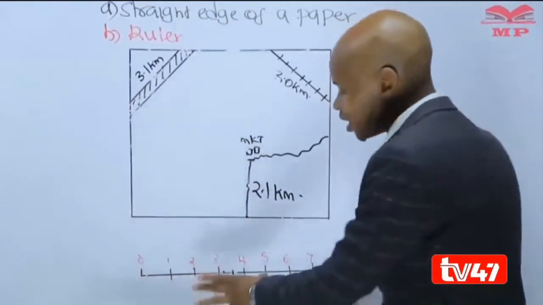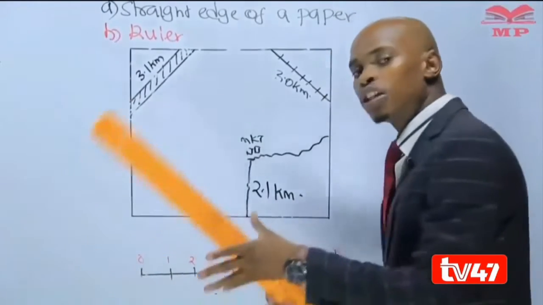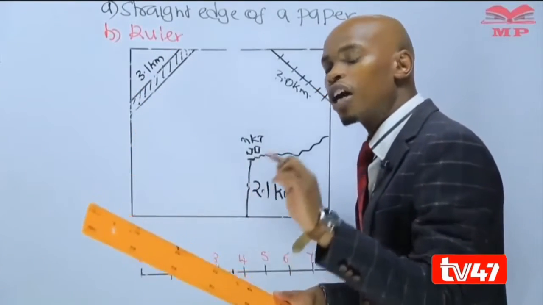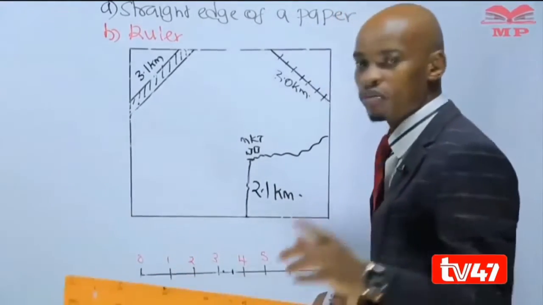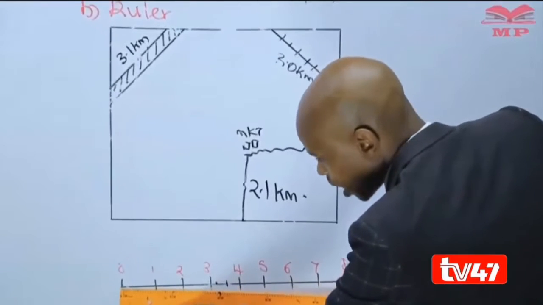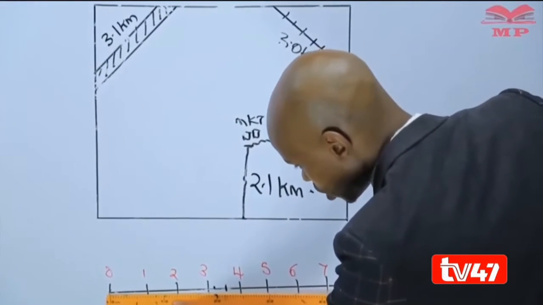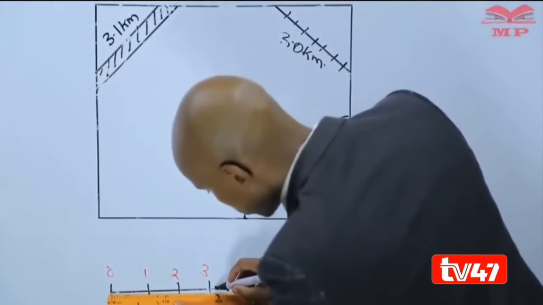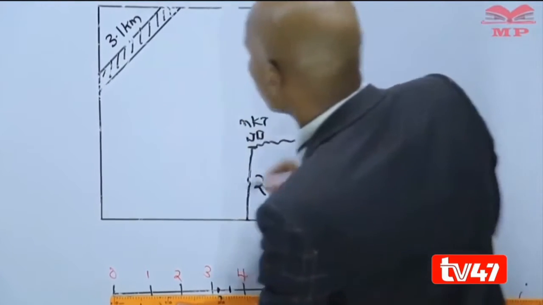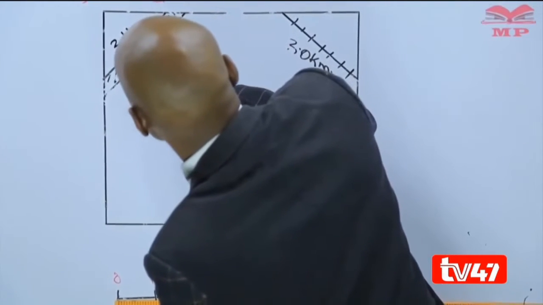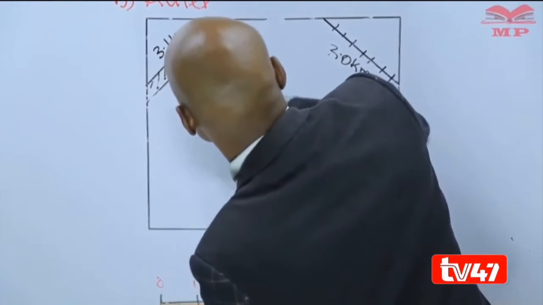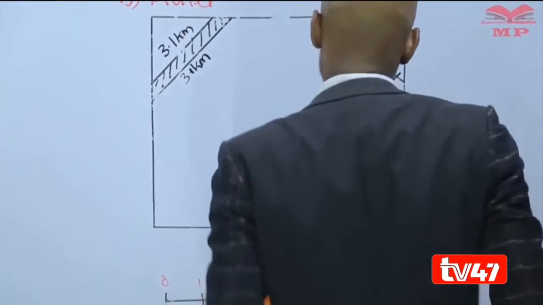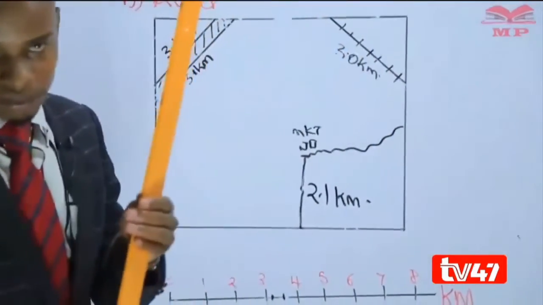What matters is the reading on the scale, not the reading on the map. And that is why we have marked on our ruler. We did not take the measurement directly from the ruler. You have to mark on your ruler so that you bring your measurement here, and your measurement comes to 3.1 kilometers again. So you can see it is approximately 3.1 kilometers using your ruler.